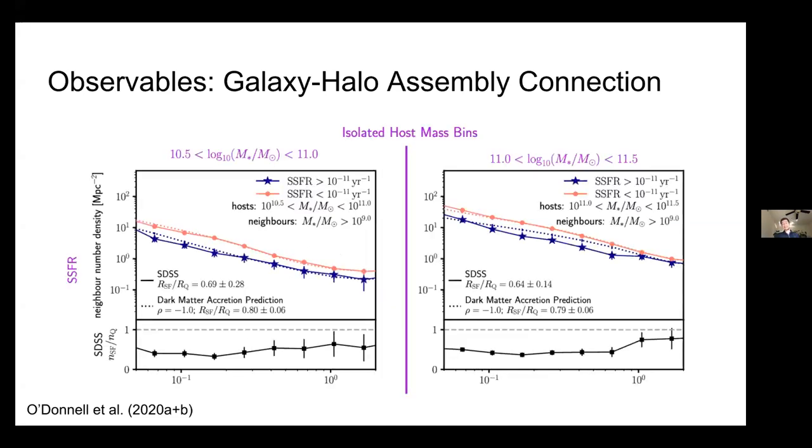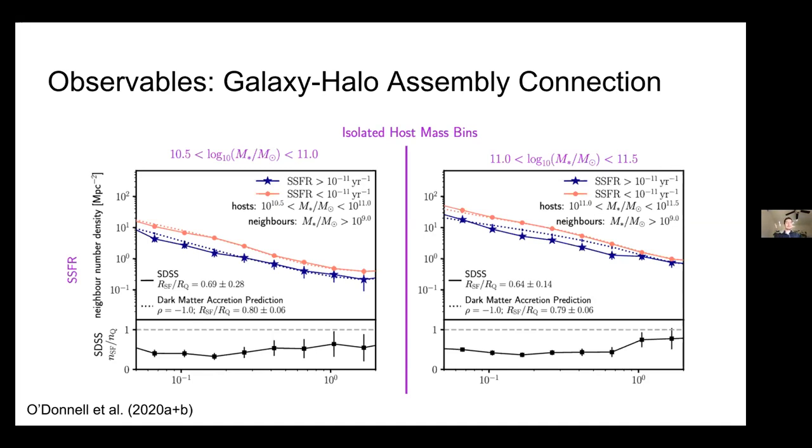Or rather, my student, Christine O'Donnell, looked at this, and she found something super interesting: for Milky Way mass galaxies and above at redshift 0, the star-forming galaxies had, if anything, slightly shallower satellite profiles than the quiescent galaxies.